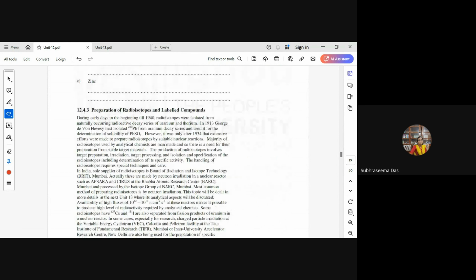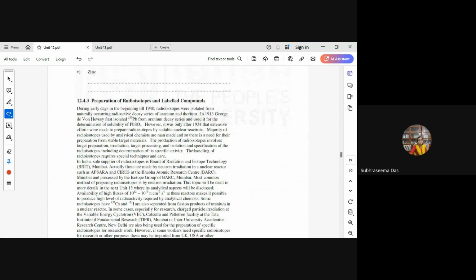Now coming to the preparation of radioisotopes and labeled compounds. Initially, radioisotopes were isolated from naturally occurring radioactive elements such as uranium and thorium.